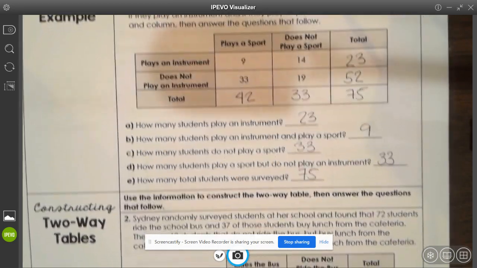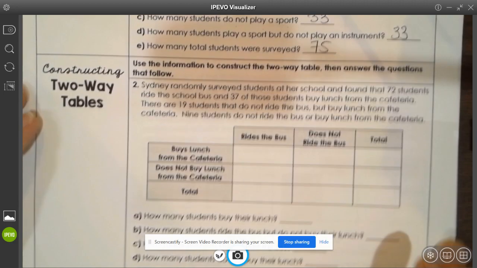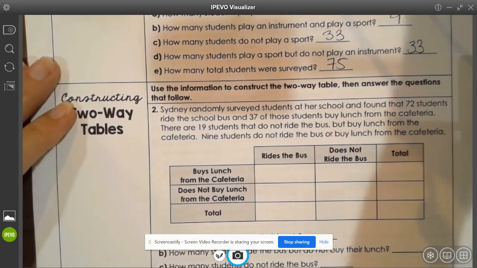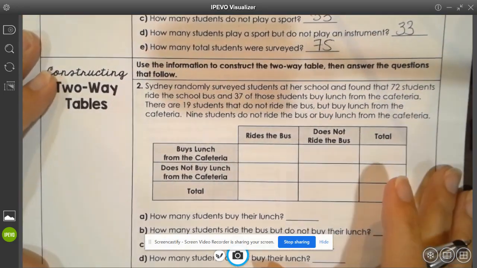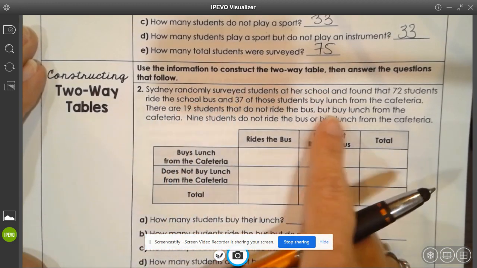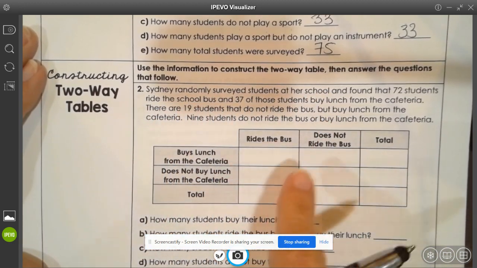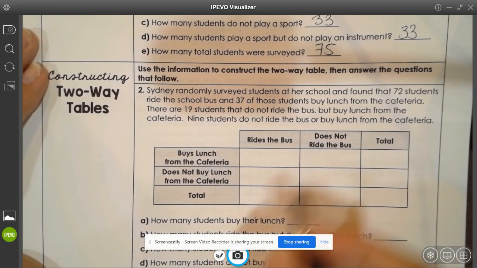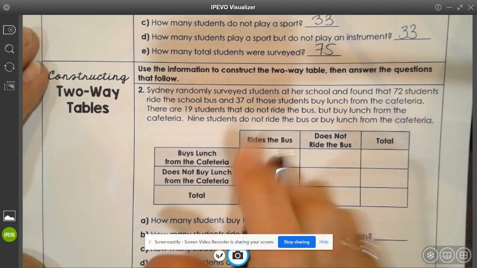All right, let's keep going. Let's make the actual, with the data, they're giving us some numbers here. Let's actually build our own two-way table.